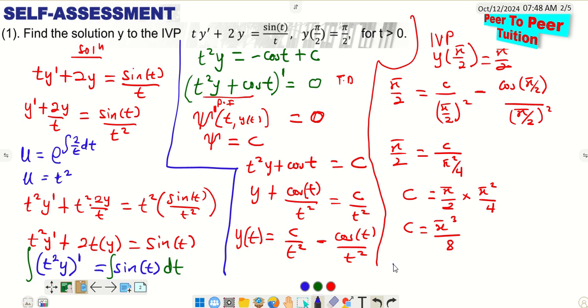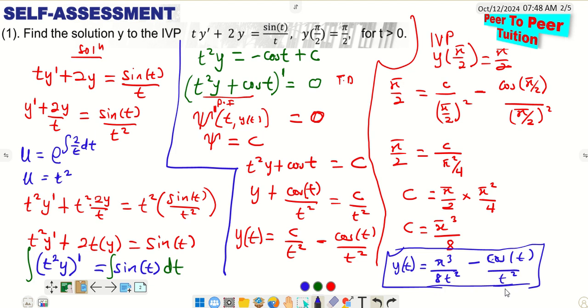So y of t equals pi cubed over 8, which comes down to multiply the t squared, minus cos t over t squared, and that is the final answer.